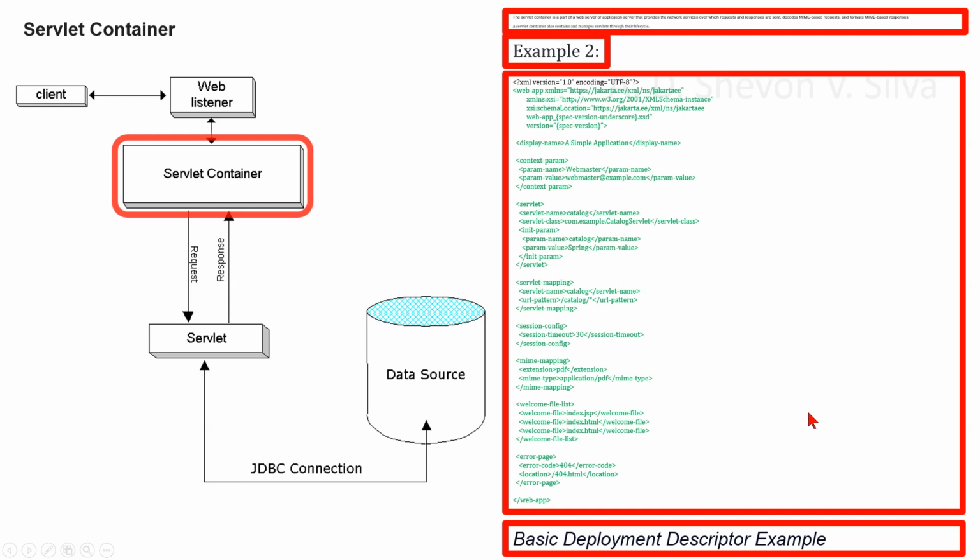The deployment descriptor conveys the element and configuration information of a web application between application developers, application assemblers, and deployers. For Servlet 6.0, the deployment descriptor is defined in terms of an XML schema document.